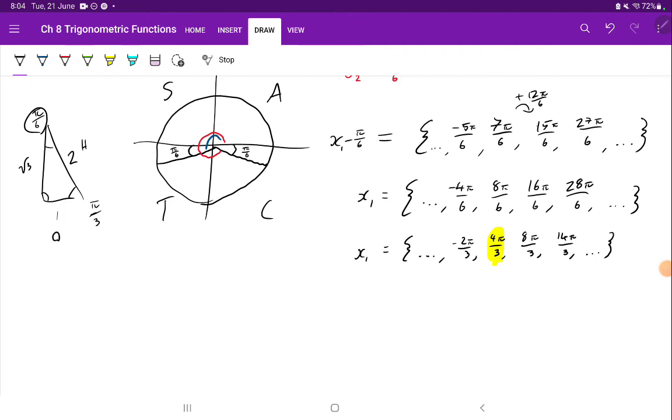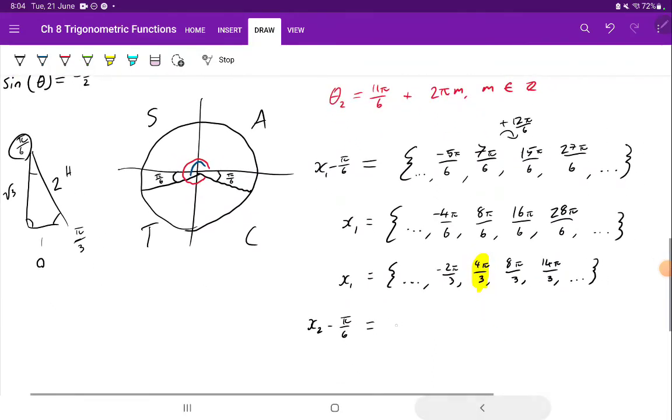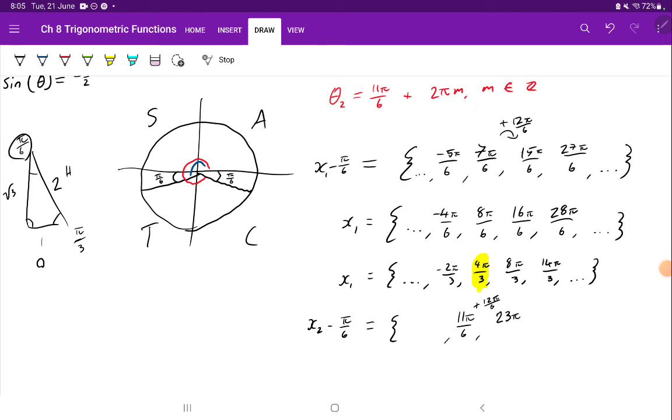Let's do x2 now. So x2 minus pi on 6, that's going to be based on our theta 2 one. So starting with 11 pi on 6. Same game, plus 12 pi on 6. So adding 12 pi on 6 is going to give us 23 pi on 6, which I think is definitely going to be too big. So I'm going to stop there.